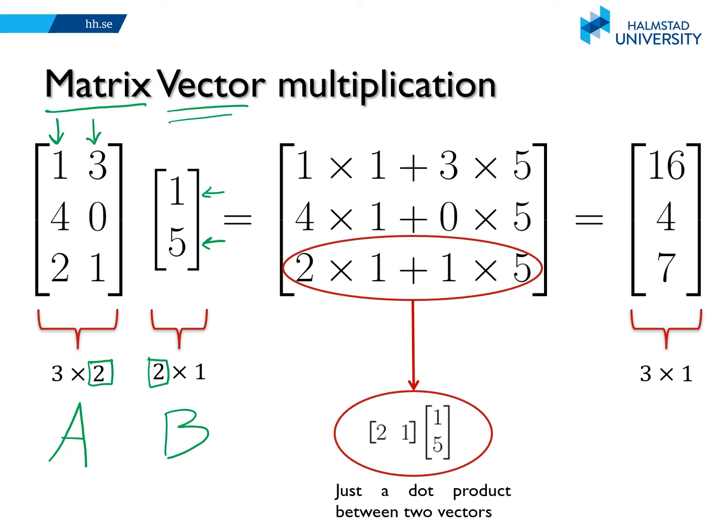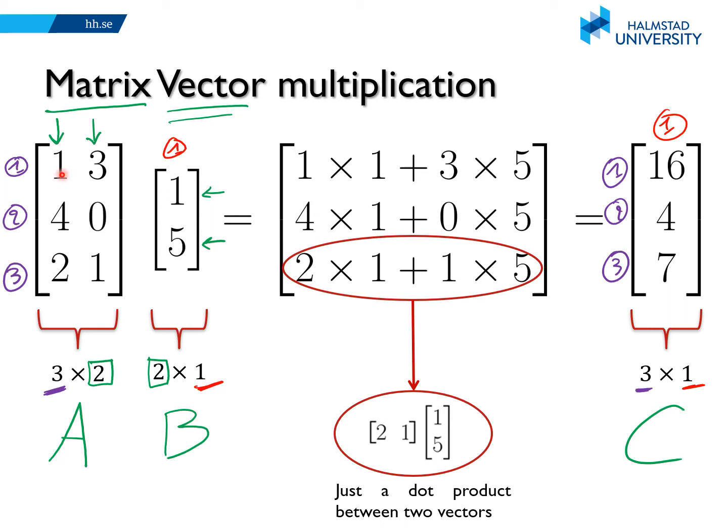This gives you a matrix C, which has the same number of rows as the first matrix and the same number of columns as the second matrix. Here we have 3 rows, and here it's the same 3 rows. And here we have just 1 column, and it's the same thing here, 1 column.